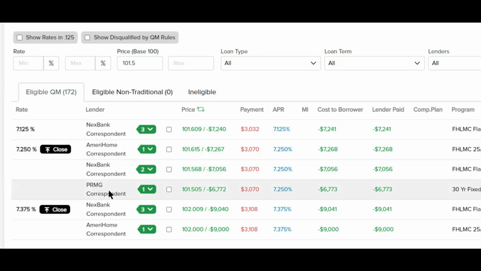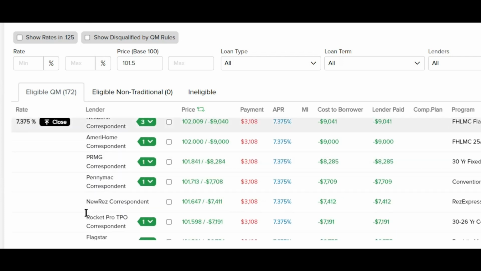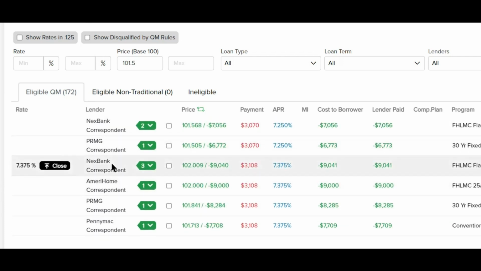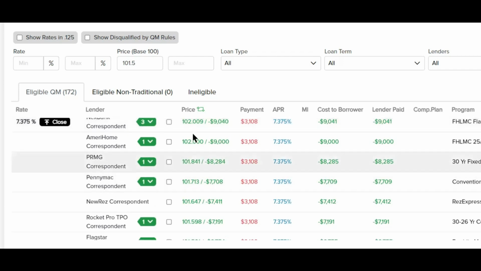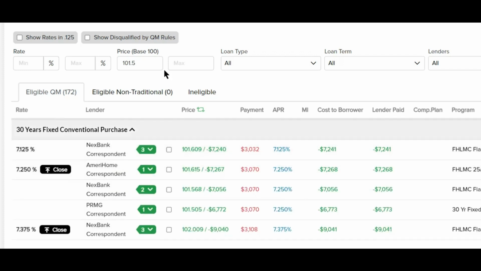With it, they're saying at this price level, at 101.5 or better, there's only 3 lenders at 7.250. Now, when you get up to 7.375, you're going to see a lot more lenders start coming in because it's got to be above 1.5%. That's why in general, I wouldn't put this in at 1.5%.